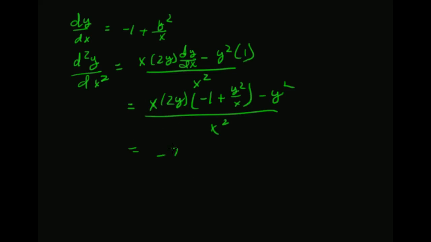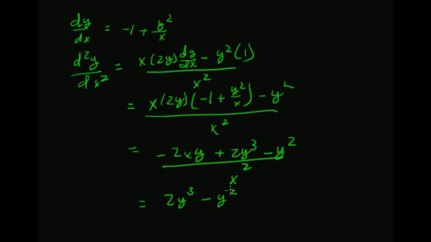We're going to get negative 2xy. Distribute that over here, plus the x's cancel, so that's going to be 2y cubed minus y squared over x squared. And we do a little bit of rearranging by the commutative property. We get 2y cubed minus y squared minus 2xy over x squared. So that verifies the second derivative that we expect in this problem.